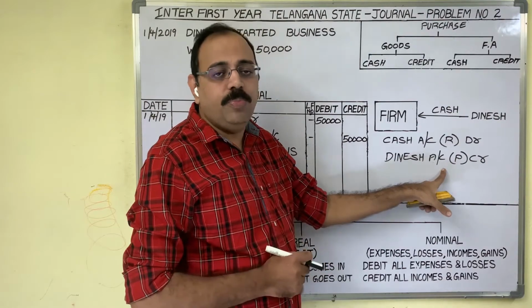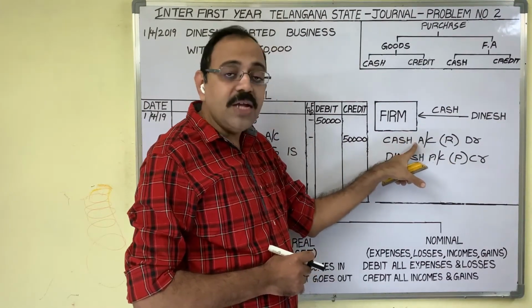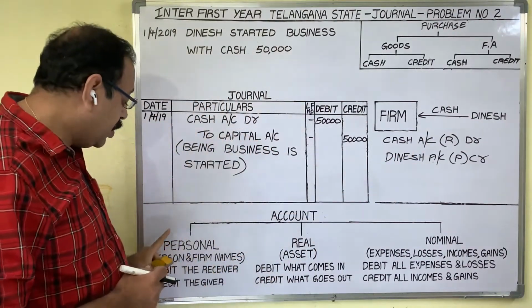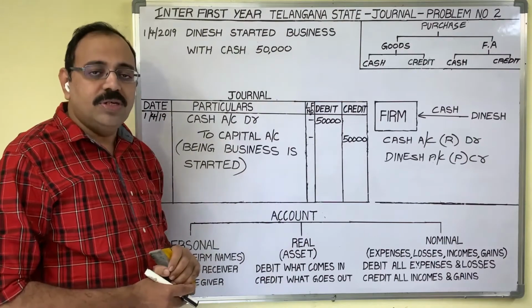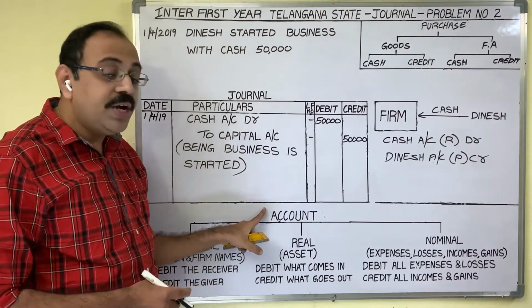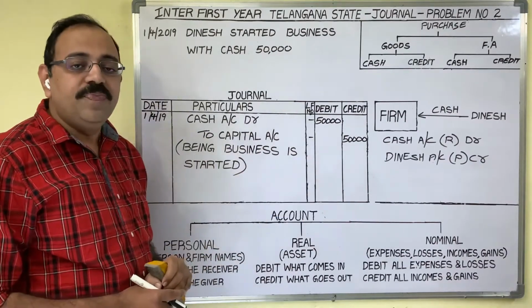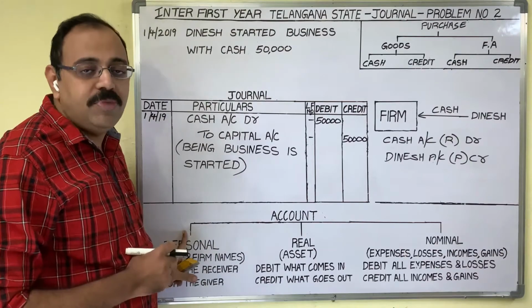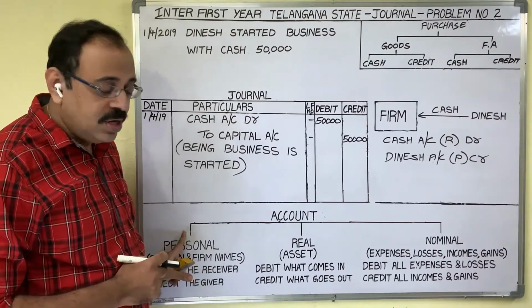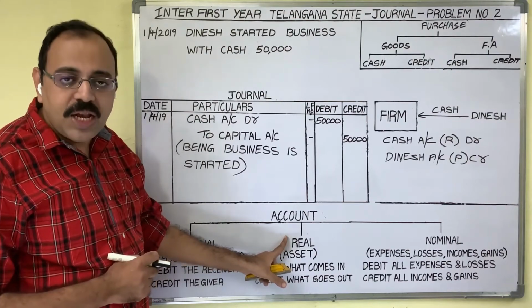Second step is grouping. That means we should identify whether this cash account comes under a personal account, real account, or nominal account. Accounts are divided into three types: personal, real, nominal. If any account is opened with a person name or firm name, it is a personal account. If any account is opened with an asset name, it is a real account.